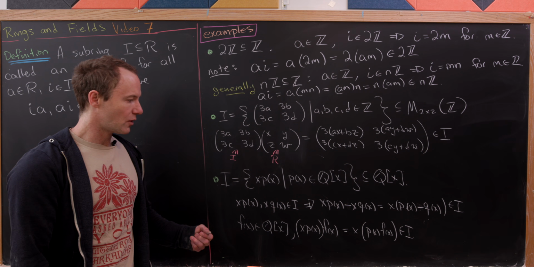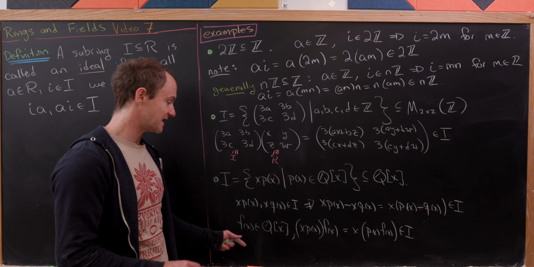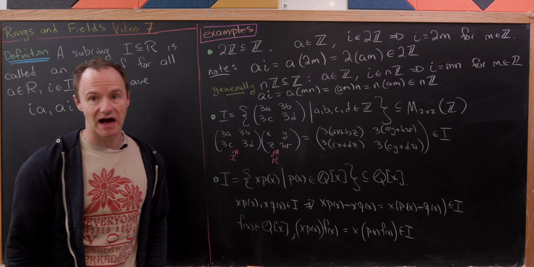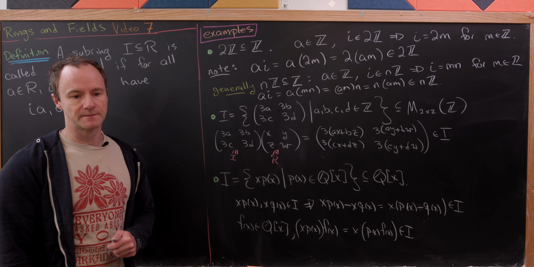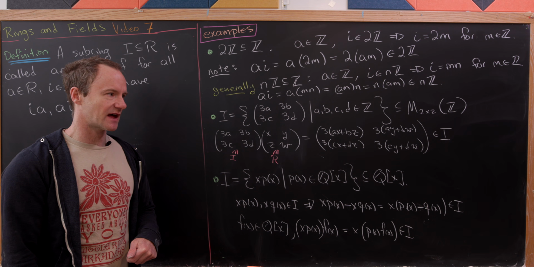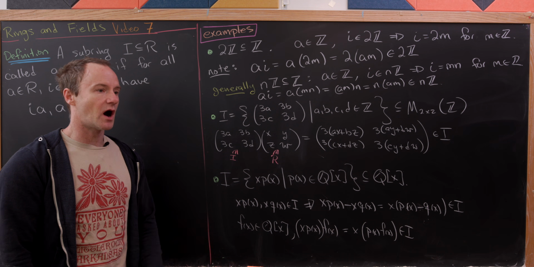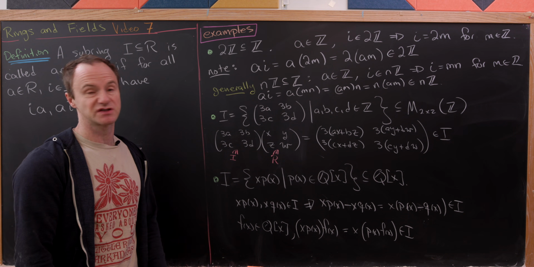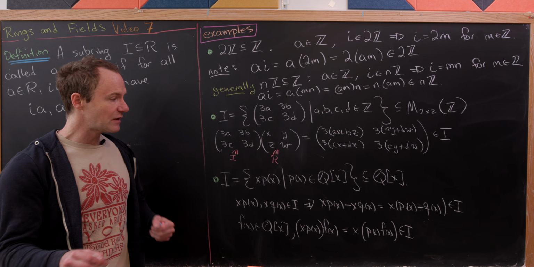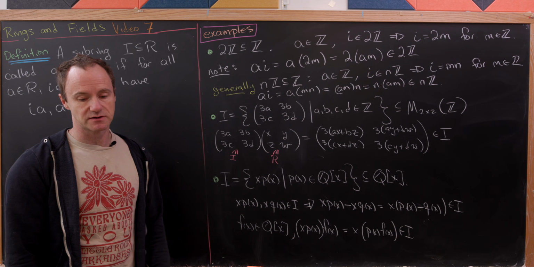But that not only shows us that we have this absorption property, but specializing this to the case when f is in the ideal also shows that this is closed under multiplication. So in fact, when you're checking that something is an ideal, checking the absorption property automatically shows you that it's closed under multiplication. So you don't have to check that. So any way you look at it, we have shown that this is an ideal.